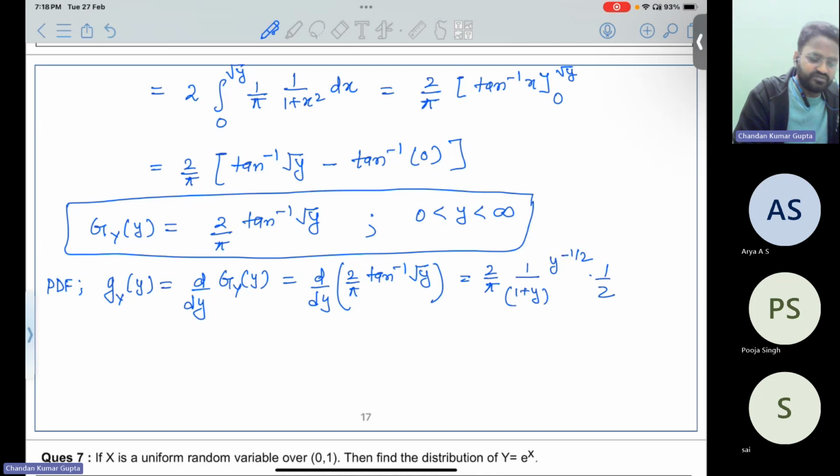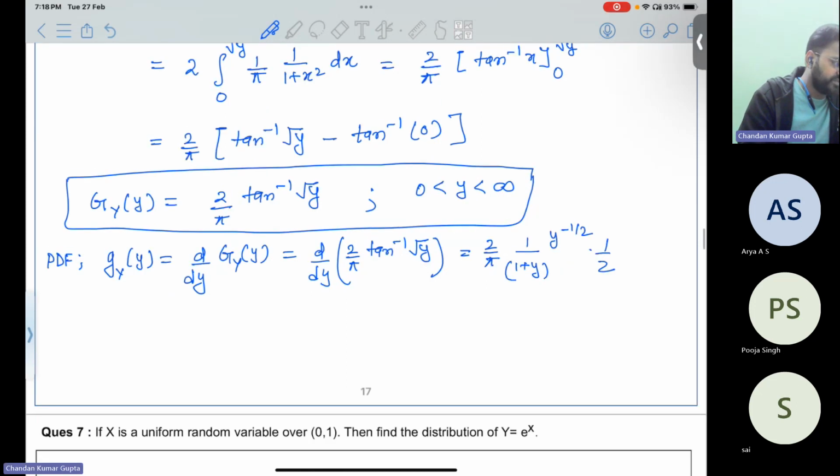Is it clear up to this point? It is simple differentiation. I think you people may solve it.